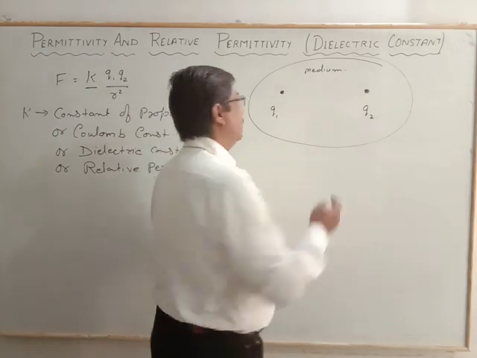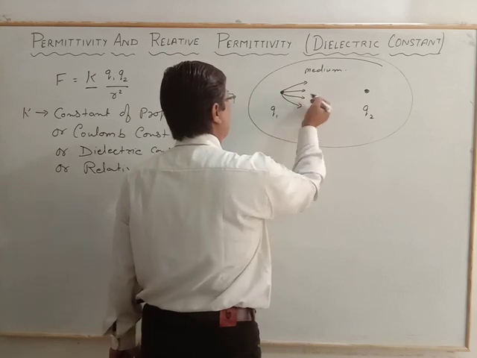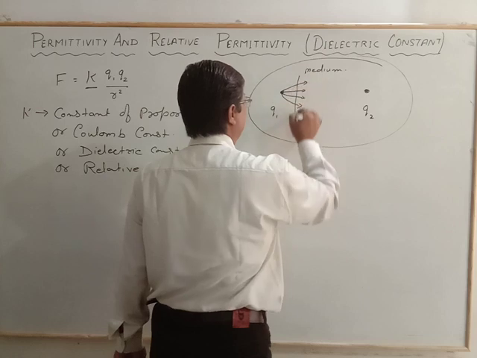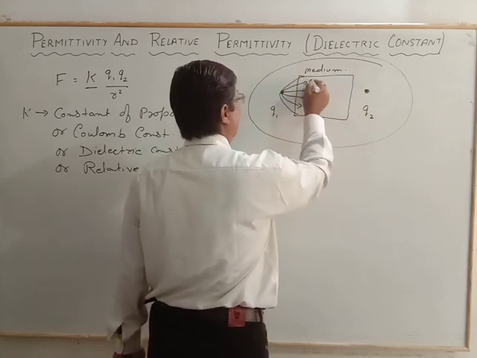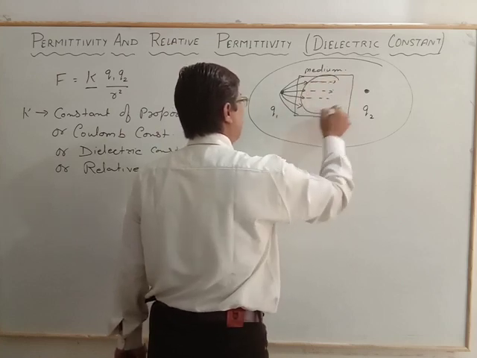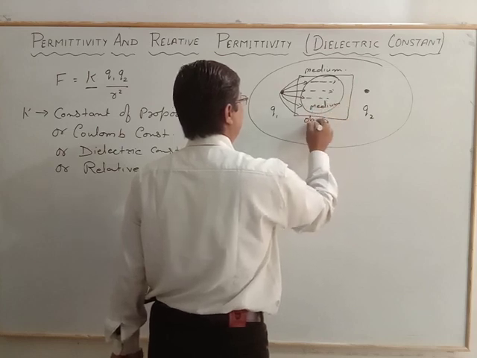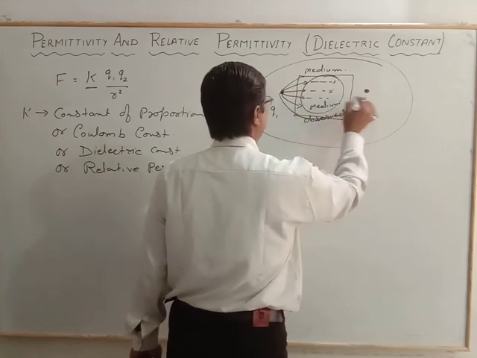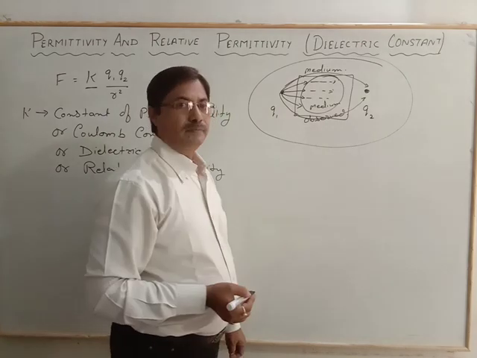How is it so? Suppose there are four lines moving towards the charge Q2. But there is a medium, and that medium will accept some of the lines; these lines are absorbed by the medium. And only some of the lines will move to the second charge.